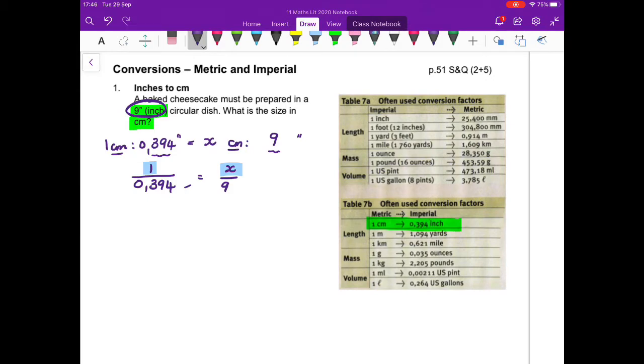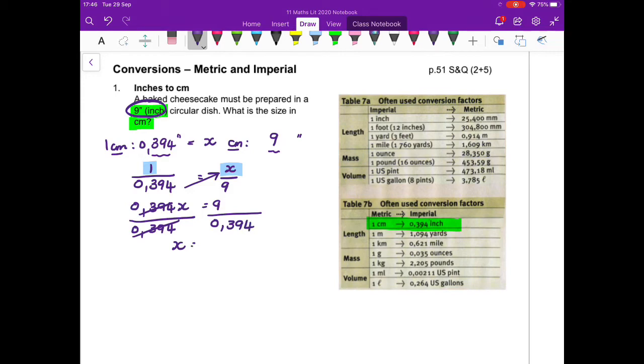I always look for my X, and I multiply 0.394 by X, and I get 0.394X equals 9. Simplify, divide by 0.394. And what I do to the one side, I've got to do to the other. I did that in order to get X on its own. So I divide 9 by 0.394.